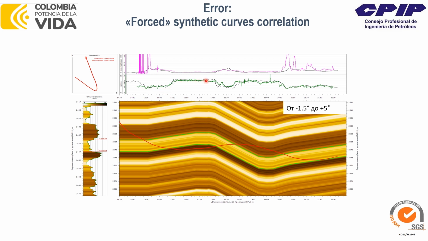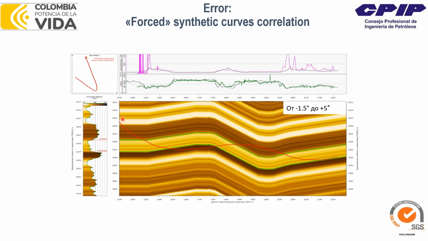The gamma ray is a fair match between the synthetic and actual MWD curve, and the resistivity, this purple, is a fair match to the synthetic resistivity curve. But the problem is that finally, in the post-job analysis, it was identified that this interpretation was wrong.